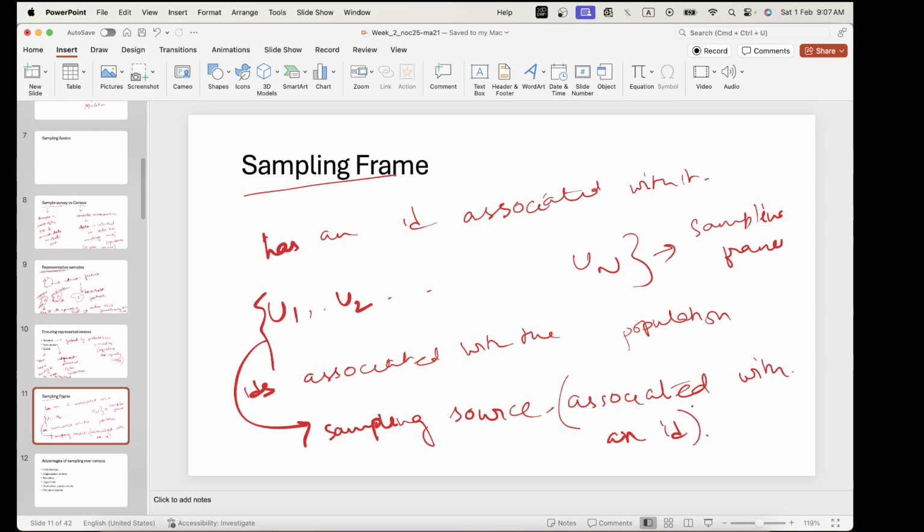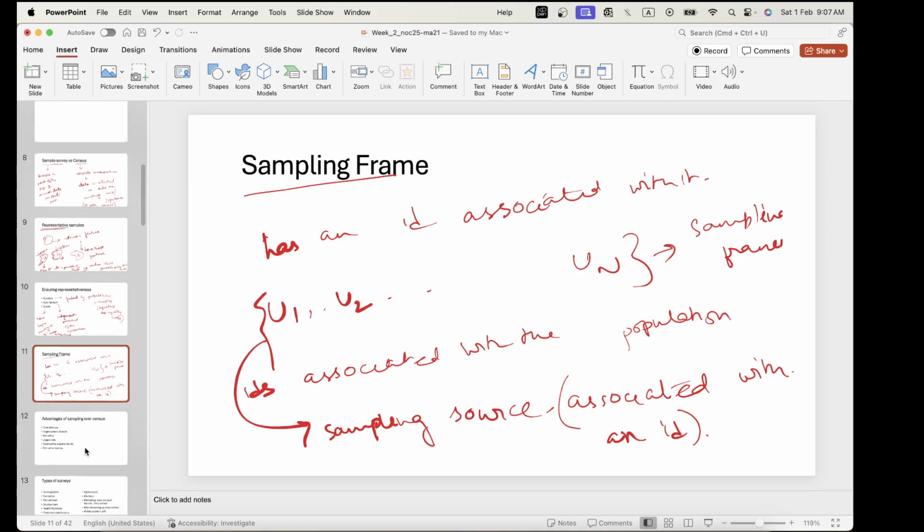What I mean is that if we enlist each of the units, and each unit has its own designated identification number or code, then that entire list is my sampling frame. It's a list of all the items or individuals that could be sampled from the population.